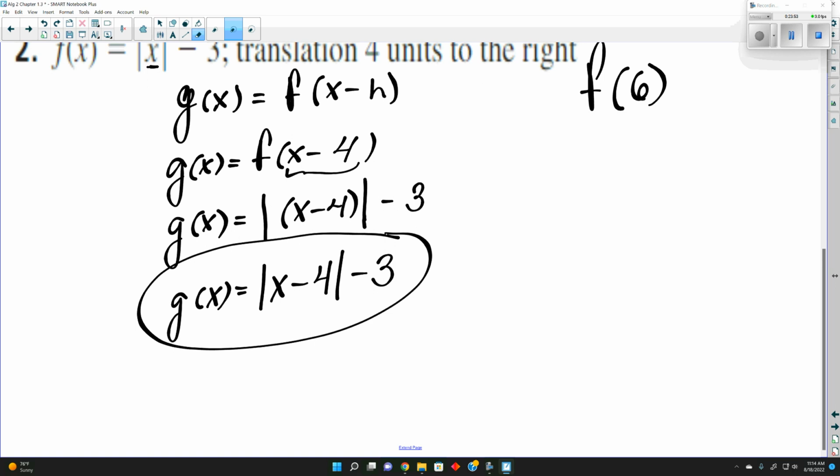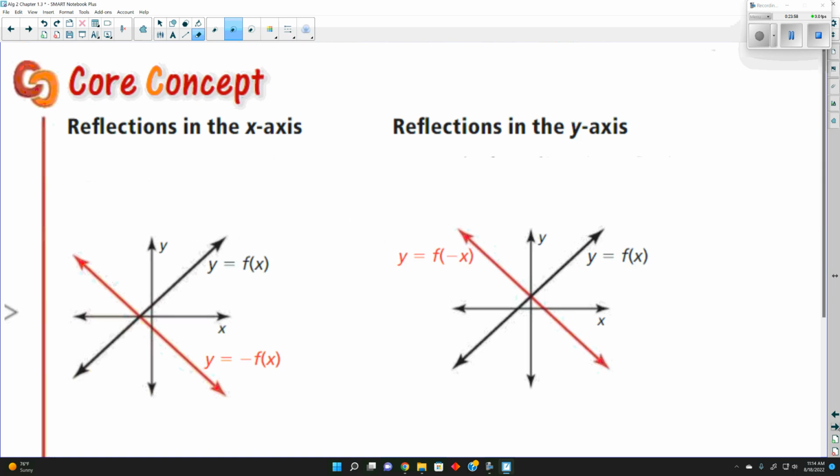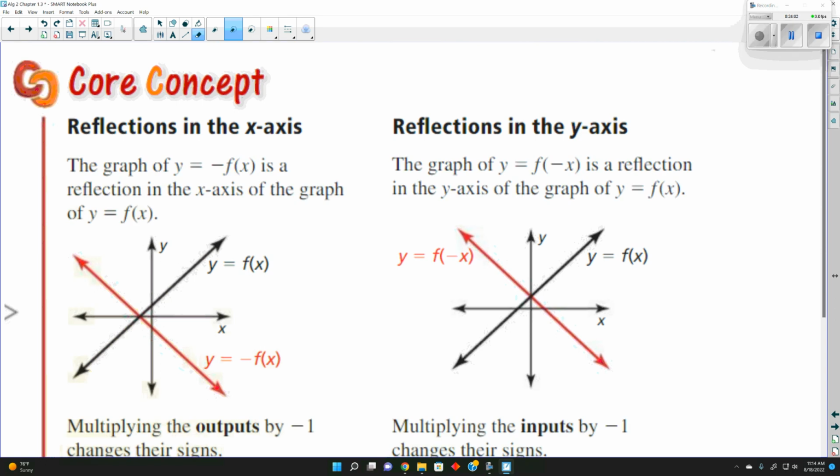Questions on this here? Oh, great. Negative x. So we're doing an exactly similar process. We've got two new setups.